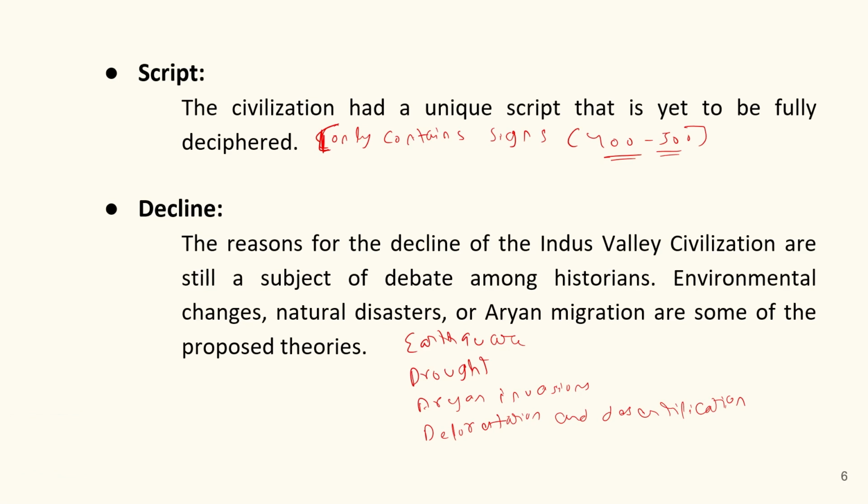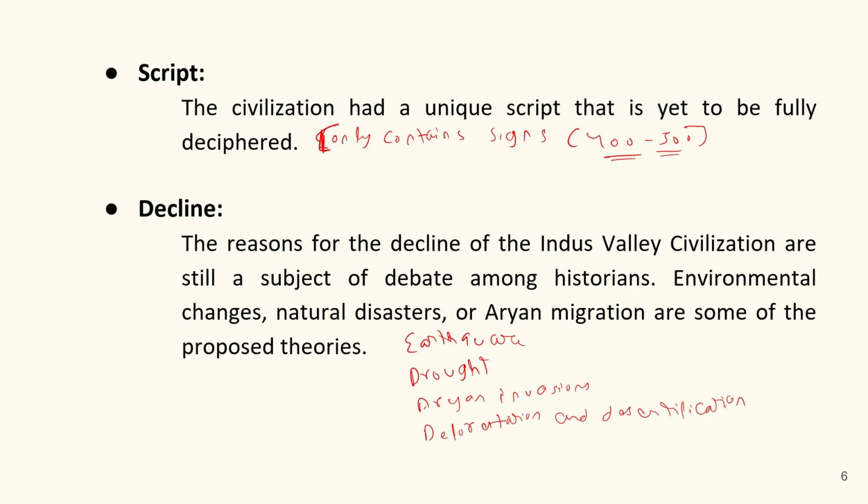As the Indus Valley was an urban civilization, whenever urbanization happens, deforestation happens parallelly. So we conclude that the Indus Valley was expanding, and due to this, desertification and deforestation happened, and the people had to migrate because they were losing their natural resources.